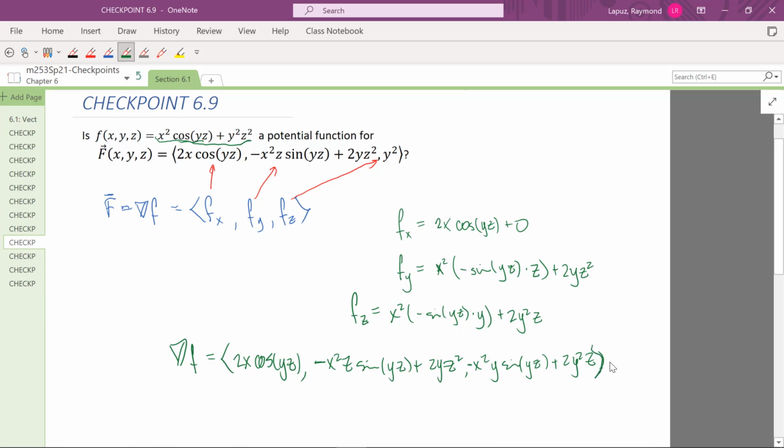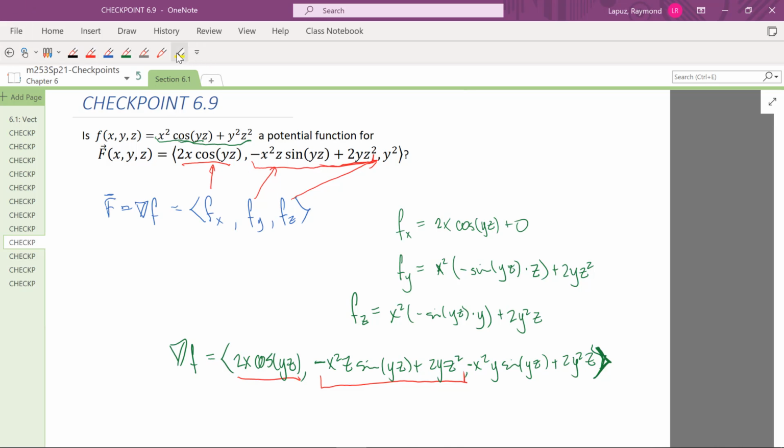And if we check this, we see that we match the first component, and it looks like we match the second component.